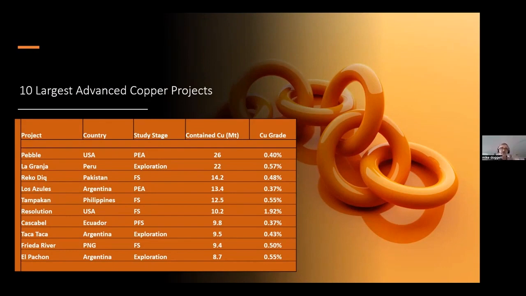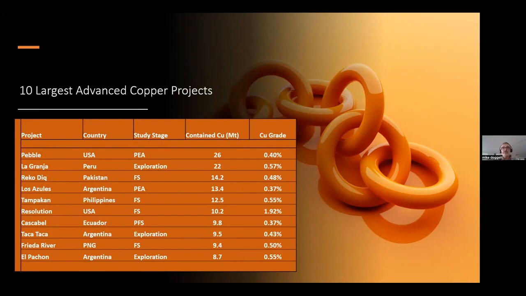If you look at the historical set of data, we saw that the big deposits in 1978, Chuquicamata and Bingham and many others, actually were able to scale up, which means that the contained copper measure that we see here may indeed be 1 or 2 or 3 times as a factor in the overall amount of contained copper. But we don't know that yet, but again, we can assume that's the case.